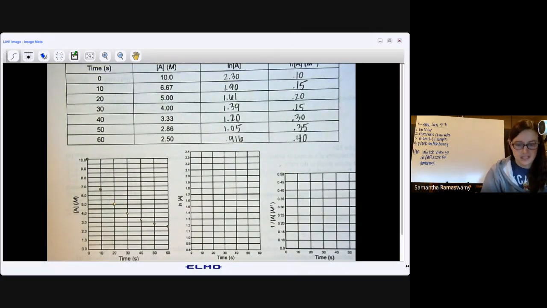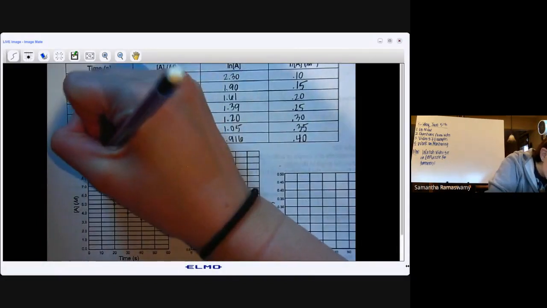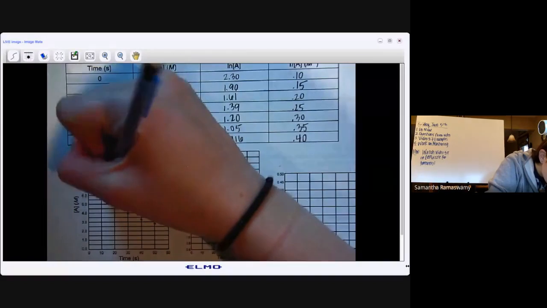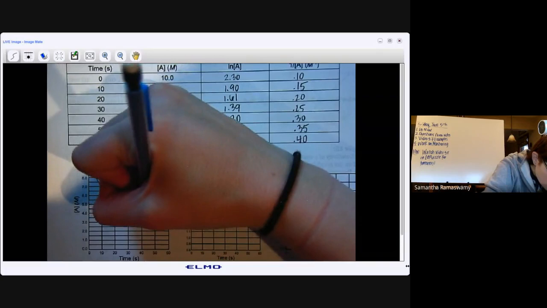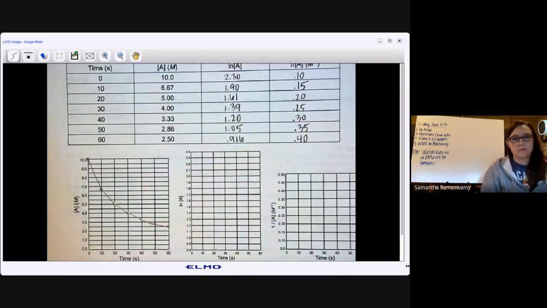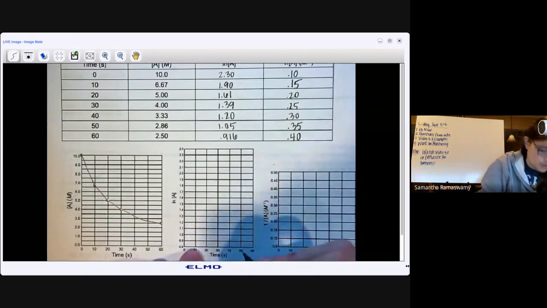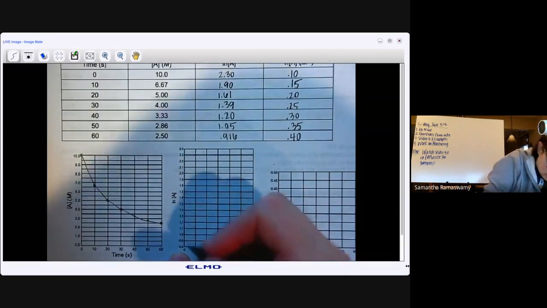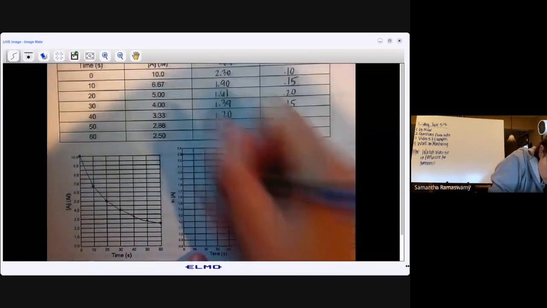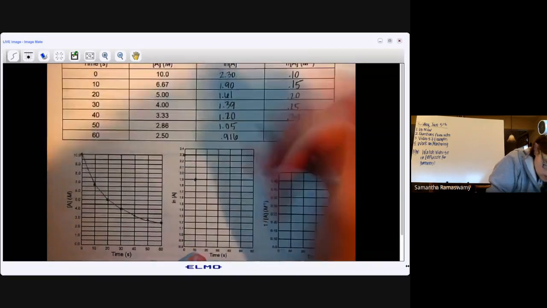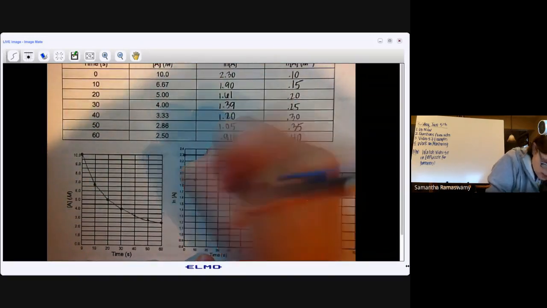Don't force a straight line either. Just connect the dots. Then I'll do the same thing for natural log. Nine. And I'm actually just going to round as much as I can.